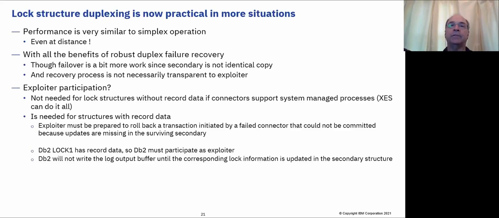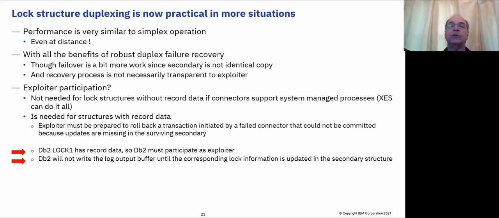What does this mean? Because the lock structure has record data and Db2 is going to participate as an exploiter in recovery scenarios, Db2 will not write the log output buffer until Db2 knows that the corresponding lock information has been updated in the secondary structure.